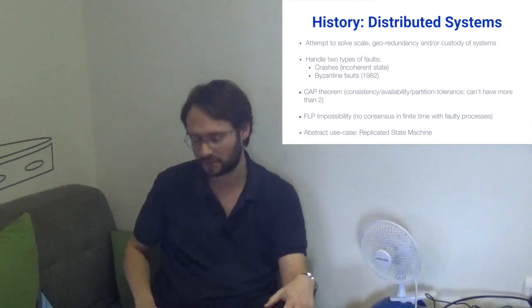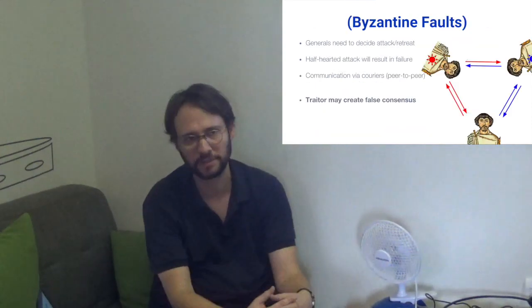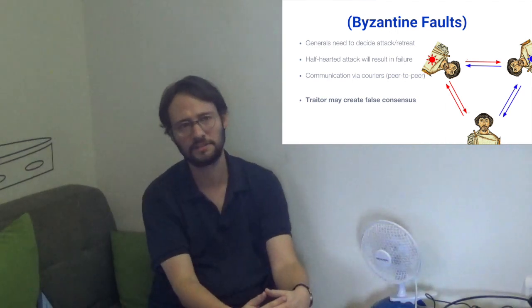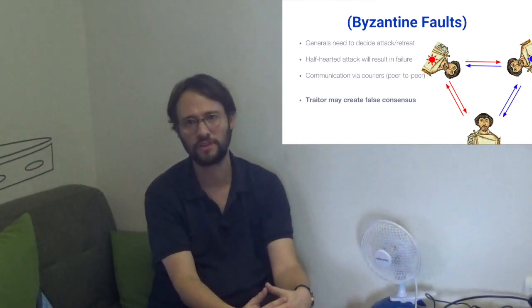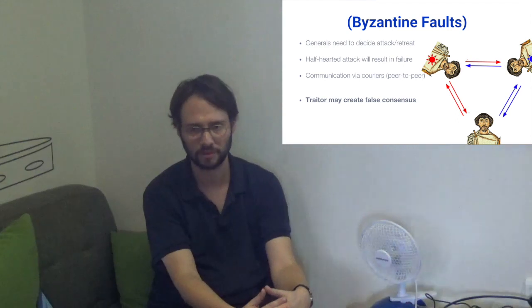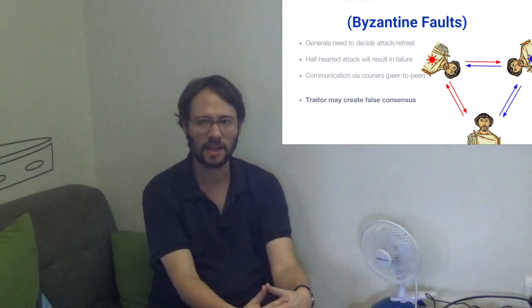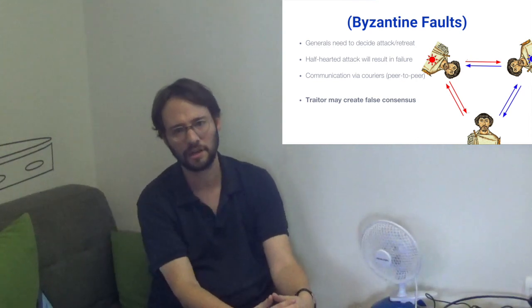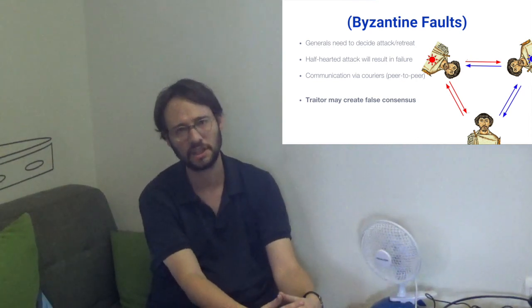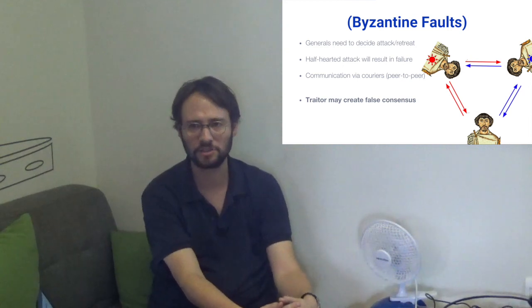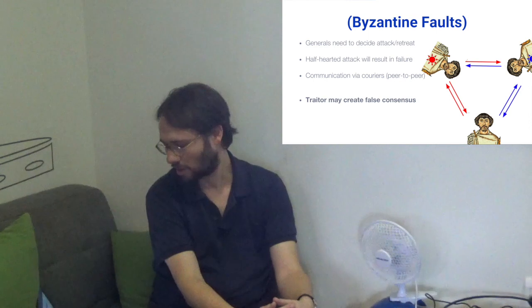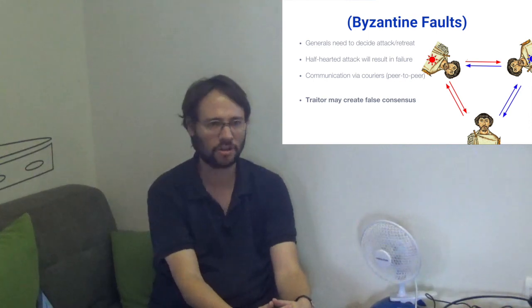So I promised that I'd say a few words about Byzantine faults. Byzantine faults are the more complicated fault that we have to deal with, and that means that unlike a regular crash, in a Byzantine fault we have a node or several nodes in the cluster that are trying to break the consensus. They're evil. So we call them Byzantine nodes.